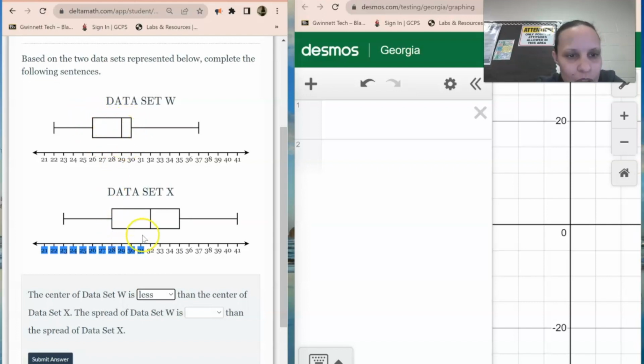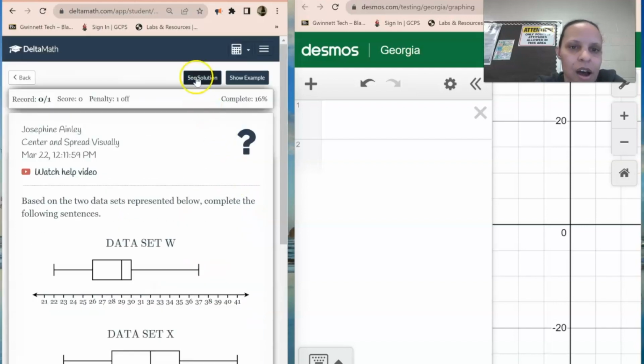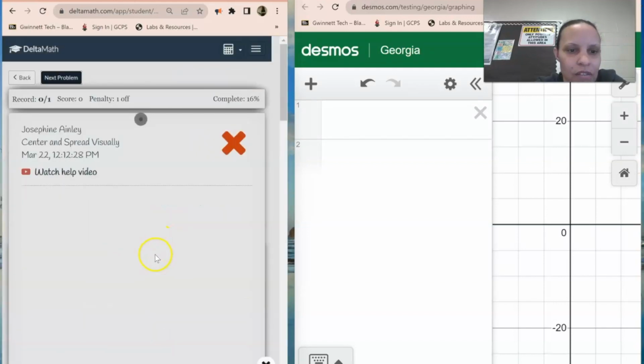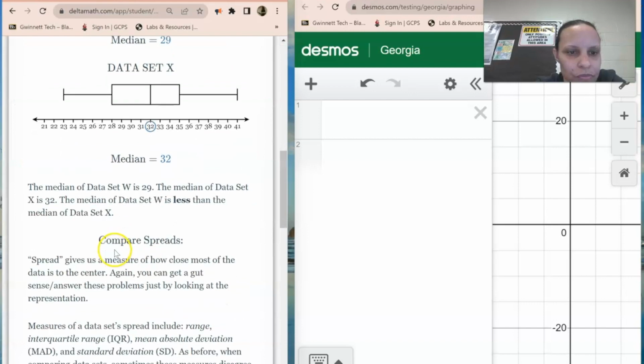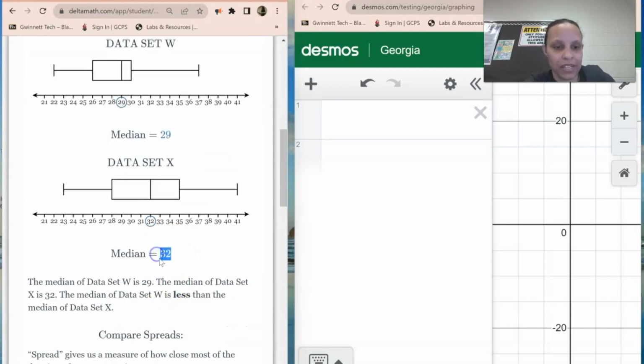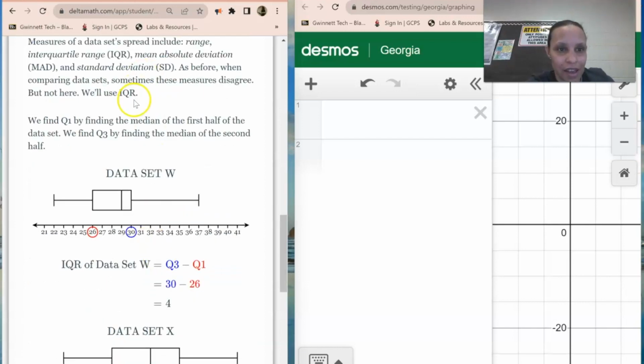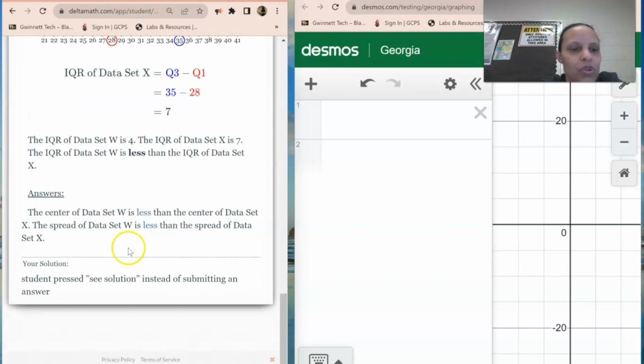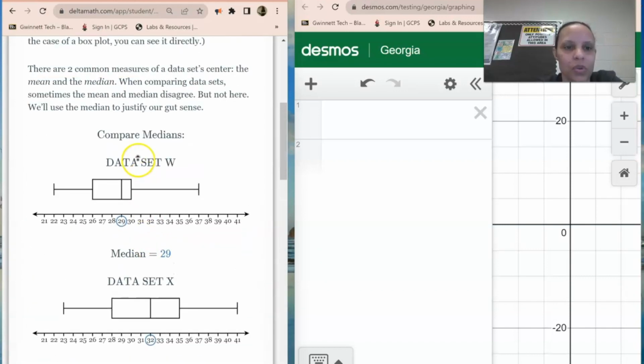This one is less wide than this one. So less. And again, I'm going to get it wrong just so that I can do another question. You can actually find out exactly what the median is and the IQR, which is Q3 minus Q1, but we're just doing this visually. So less and less. It's a lot faster to do it visually than to actually work it out.